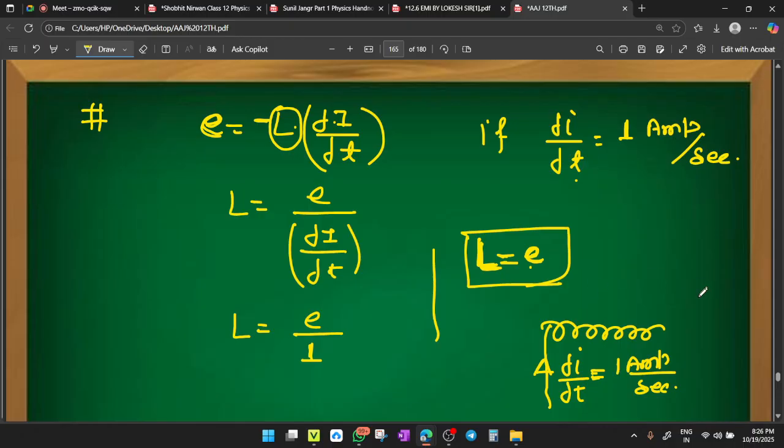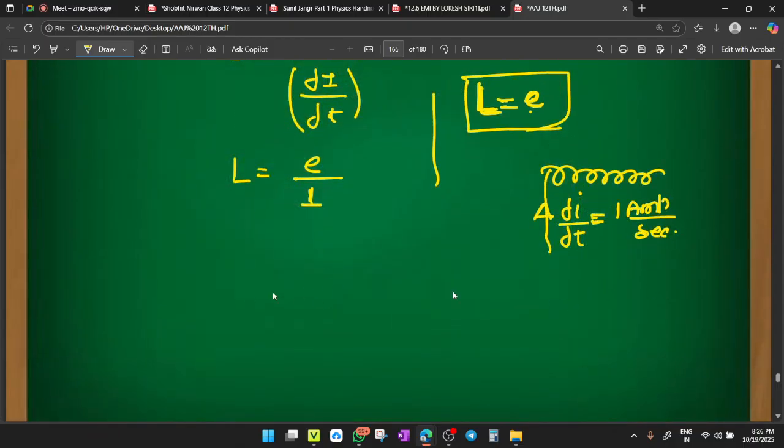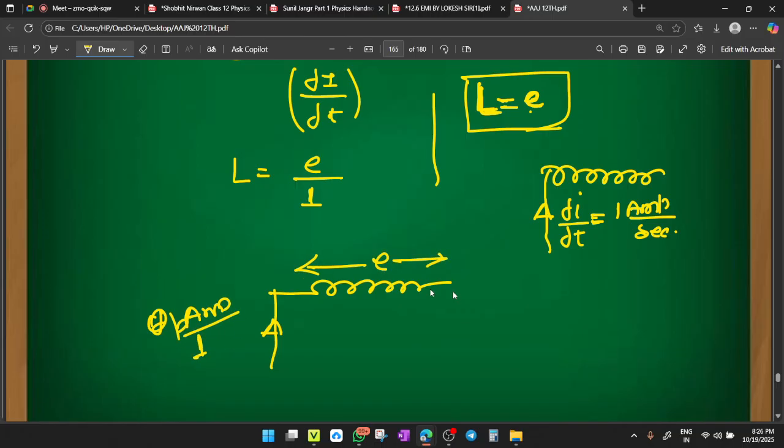In other words, when a changing current of 1 ampere per second is flowing through a coil, the amount of EMF induced in the coil is numerically equal to its self-inductance.